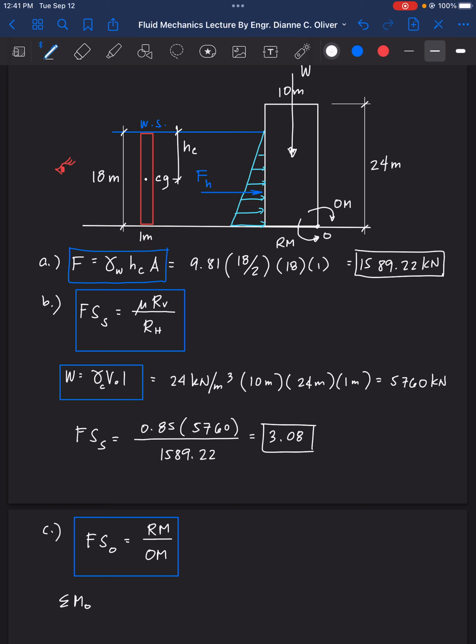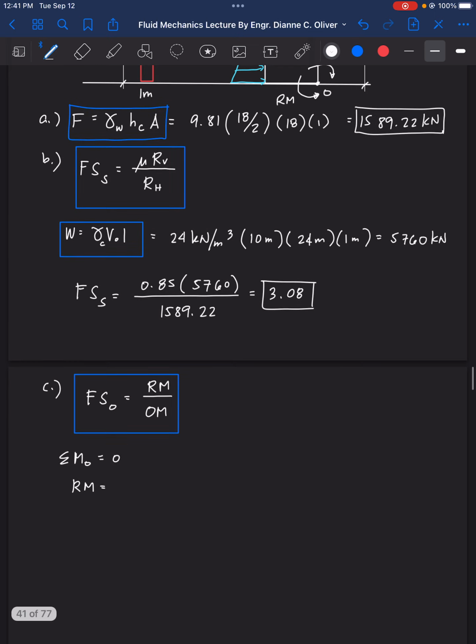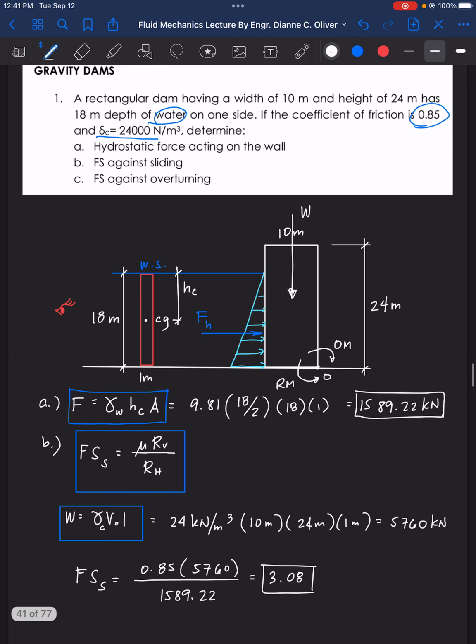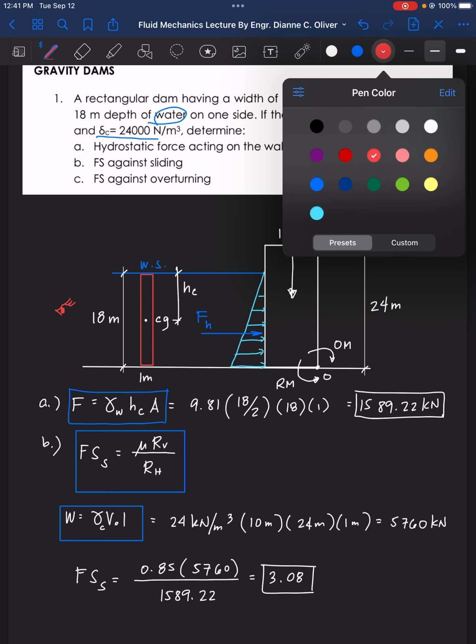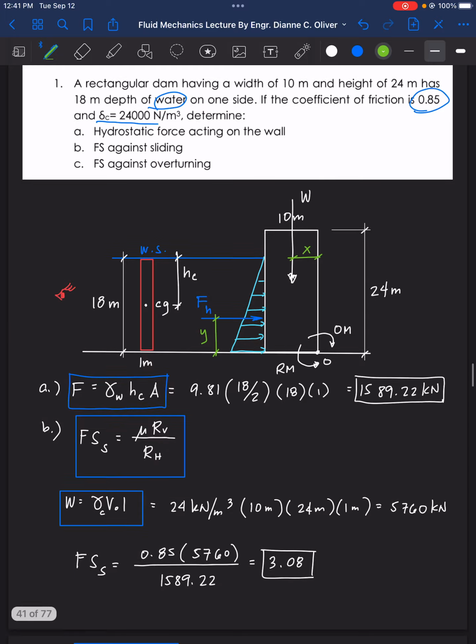Okay, so let's have the summation of moment at O equal to 0. So righting moment is equal to the weight times its distance from O. So this is the x distance. Then we also need to find the distance from O to the force H.